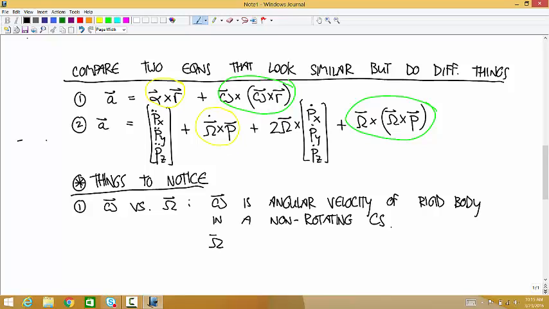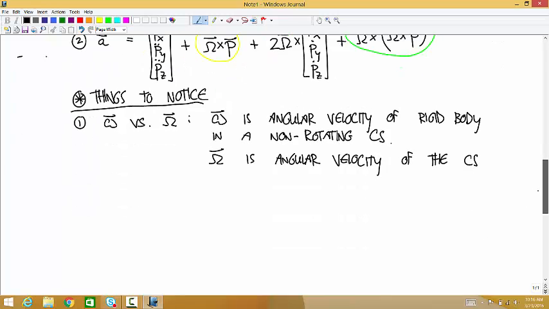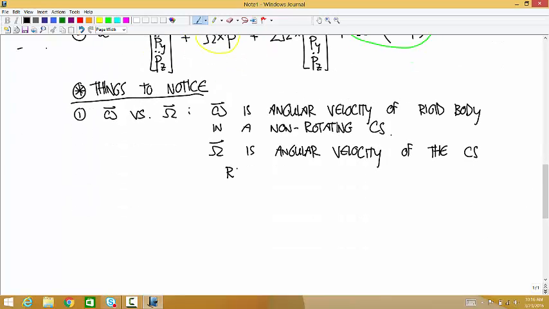Capital Omega is the angular velocity of the coordinate system itself relative to something fixed.